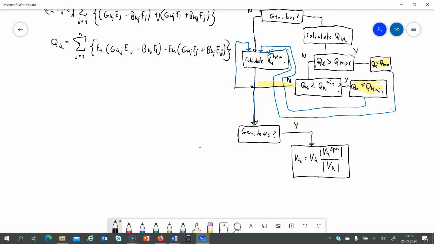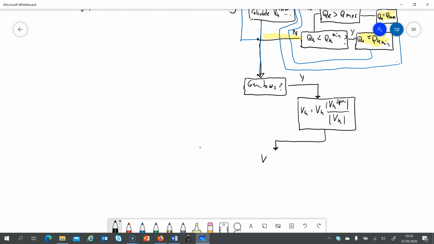And then we go down and calculate, checking as before whether E_K new equals old, to see if it has converged.